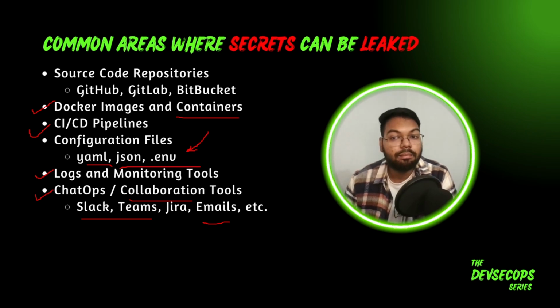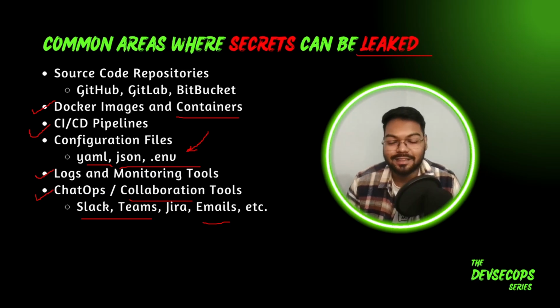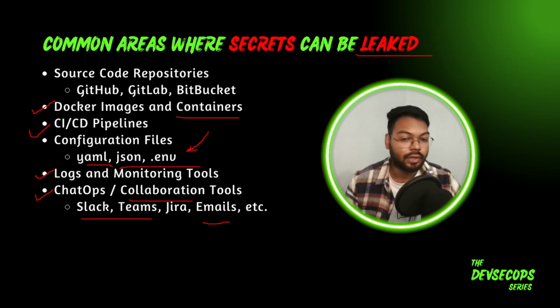The better way is to rotate these keys or share one-time accessible keys that have an expiration date. We will see these methods of how to avoid leakage of secrets in our next slides. I hope you got the common areas where we can find these leaked secrets.